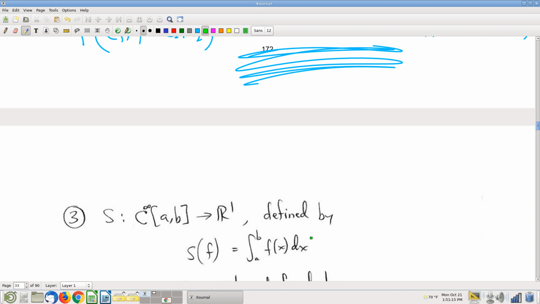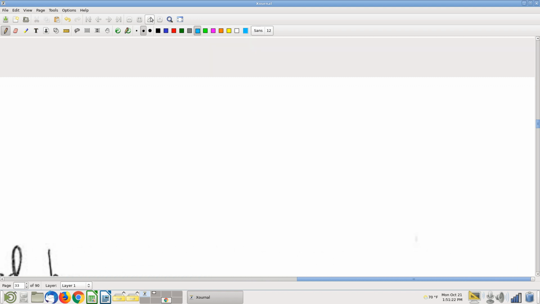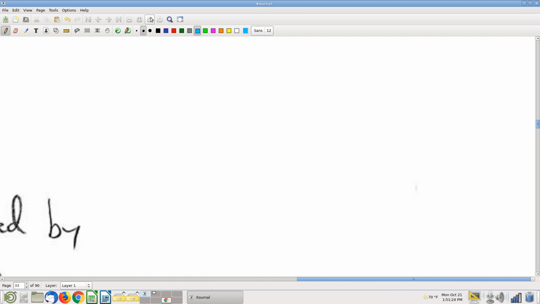So specifically, I'm going to need some space. Let me zoom in over here, get myself some space to work. I'm going to need to compute S of C1 F1 plus C2 F2.